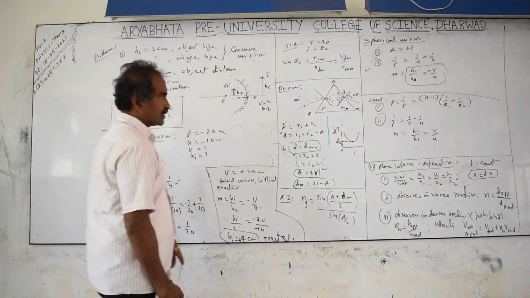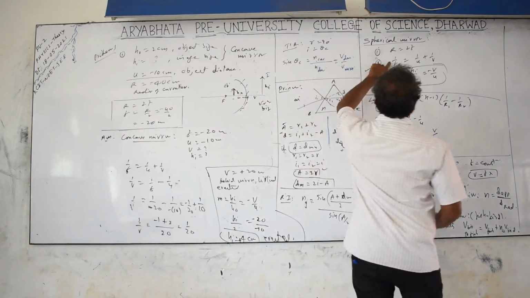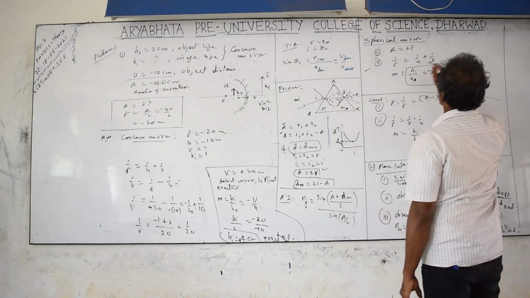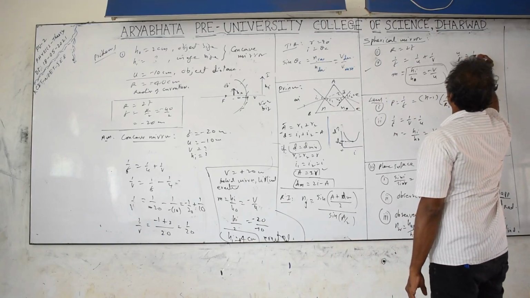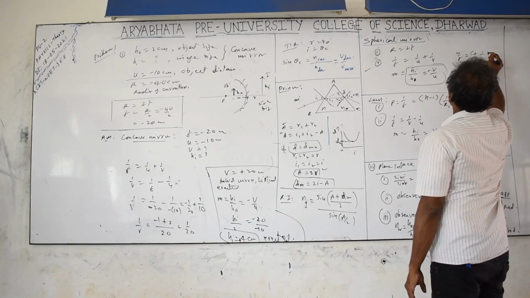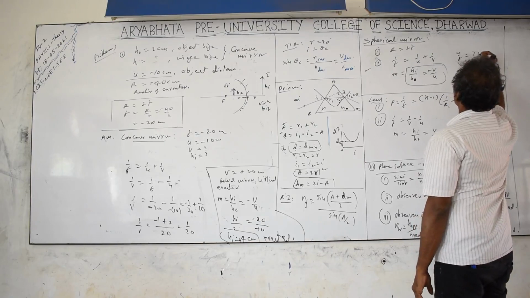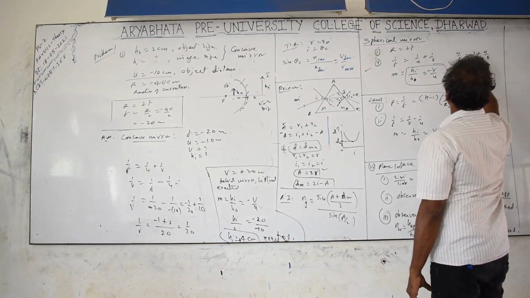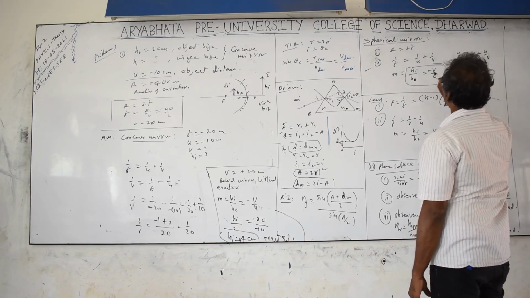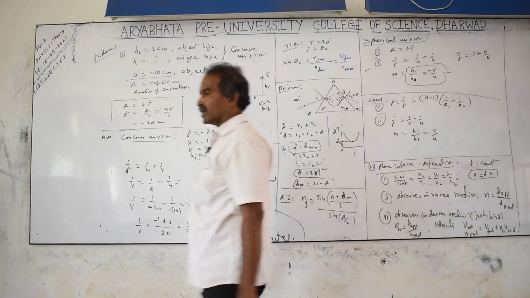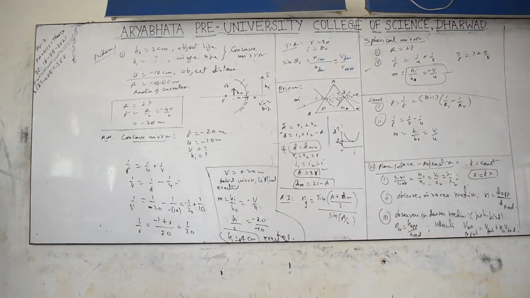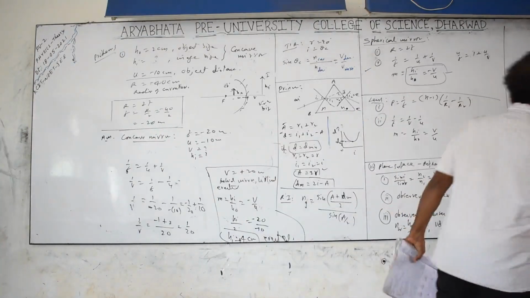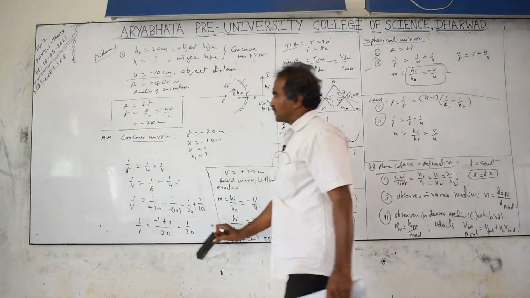You can also take the relation 1 by F equals 1 by U plus 1 by V. Multiply throughout with U, that means U by F equals U by U, which is 1, plus U by V. From this you will get a substitution directly, and U by V you can put into the magnification relationship. You will get the expression required for the height of the image in terms of U. The direct formula is there. You can remember that, but you are not compelled to remember many formulas. You can substitute and calculate if you can do it a little faster.